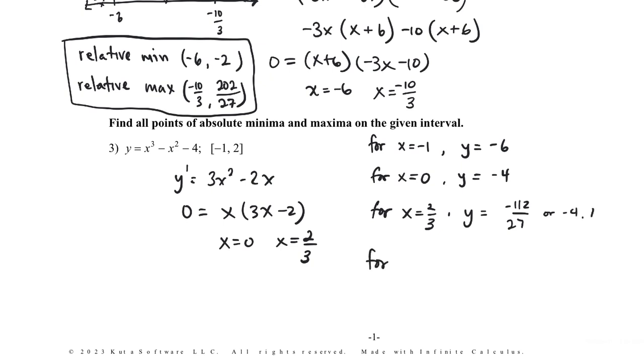And then for x equals 2, we're going to have y equals 2 cubed is 8, 2 squared is 4, 8 minus 4 is 4, 4 subtract 4 is 0.